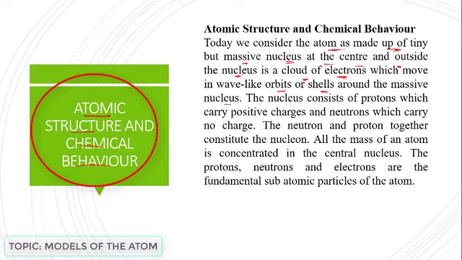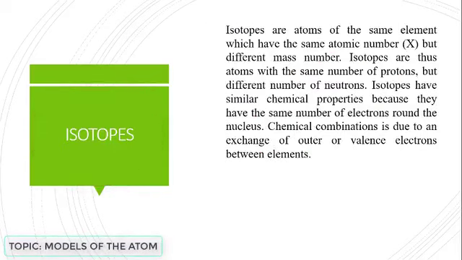Now it's important to note that this nucleus consists of protons which carry positive charges and neutrons which carry no charge at all. The neutrons and the protons together constitute the nucleon. The electrons are not part of the nucleon because they exist at the outer shell of the atom. So the protons, neutrons and electrons are all the fundamental subatomic particles of the atom.